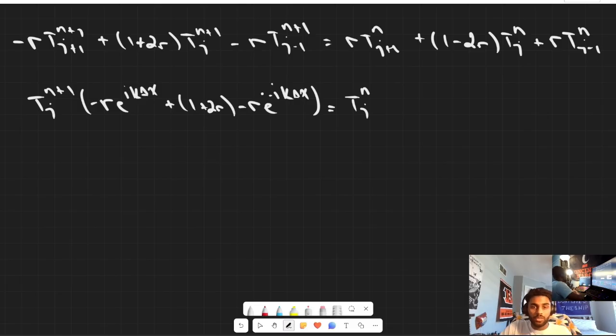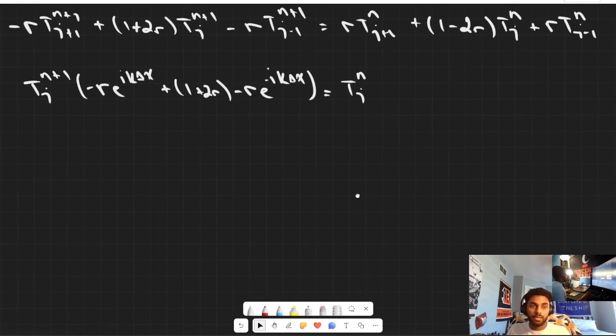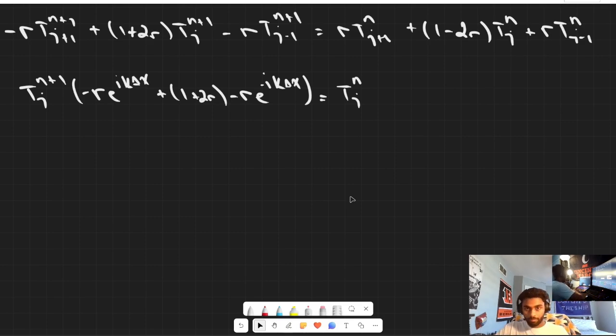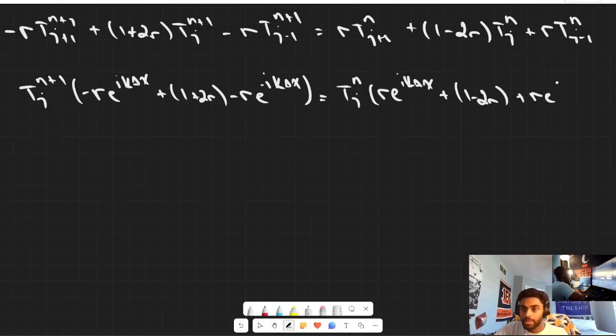So we're just putting this into exponential form. Over here, it's really the same story. Pull out that R, we're moving 1 to the right, so e to the ik delta x, plus 1 minus 2R, and then plus R e to the minus ik delta x, because we're going one position to the left, so we get a minus sign over here.